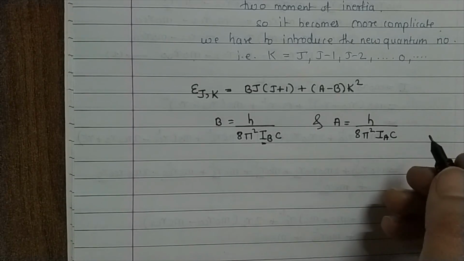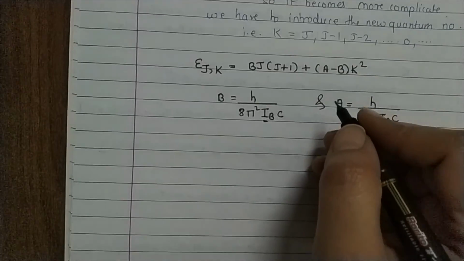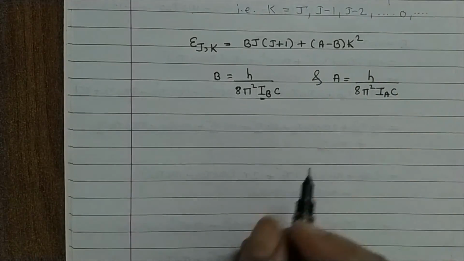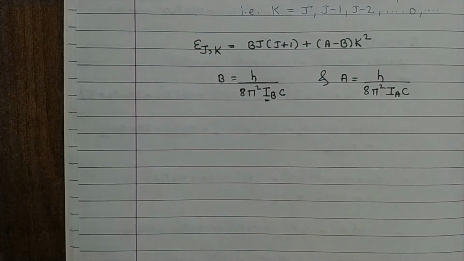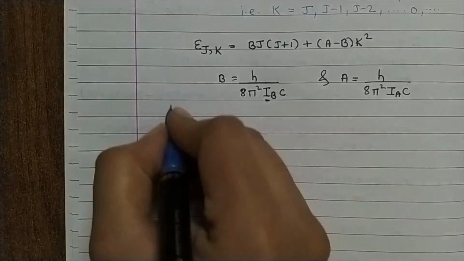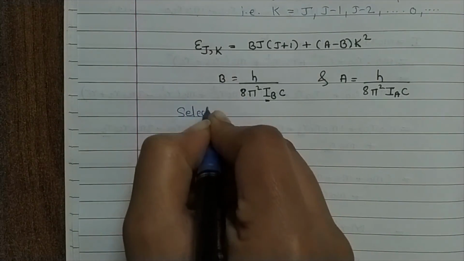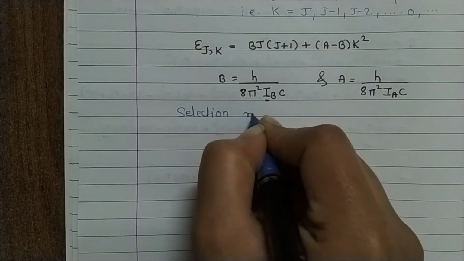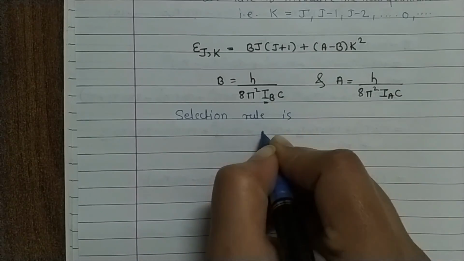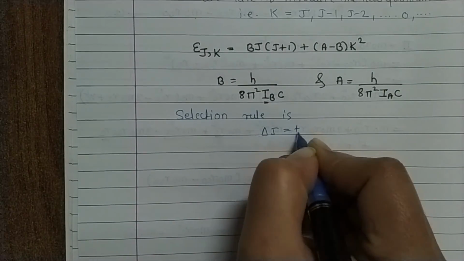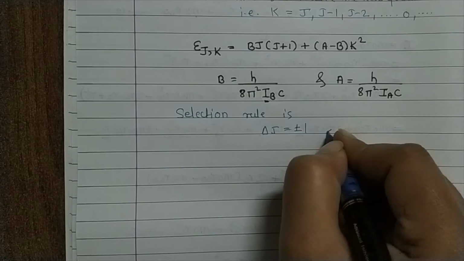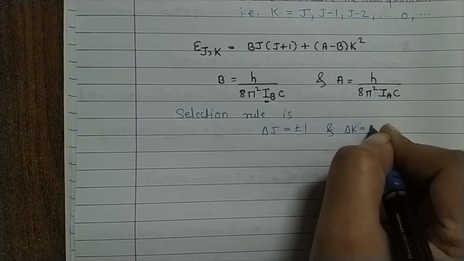So these are the two different rotational constants for two different moment of inertia. So the selection rule is delta j is equal to plus minus 1 and delta k is equal to 0.